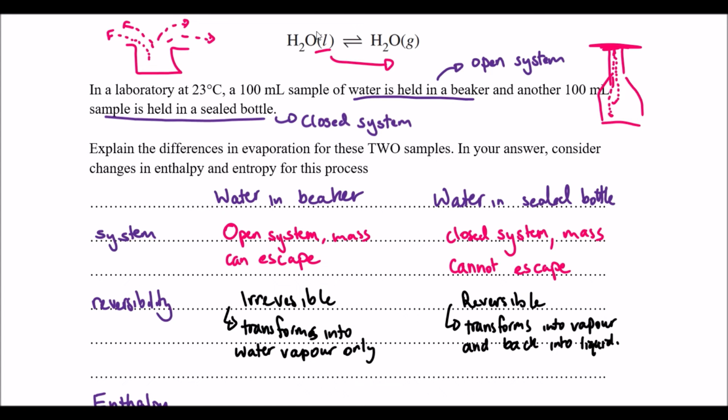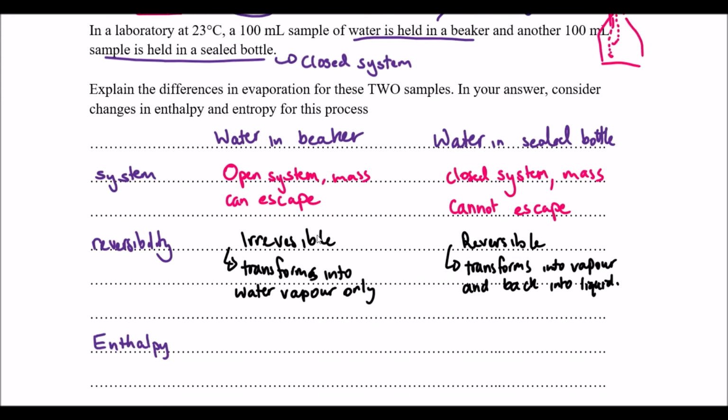In the case of liquid water, although the molecules are not as tightly packed as solids, there's still some form of intermolecular bonds between them, whereas water vapor, a gas, is very much free on its own. So we still need some energy to break the remaining intermolecular bonds. So we could actually say the enthalpy in this case would be positive. So positive, endothermic process, energy absorbed to break the intermolecular bonds.